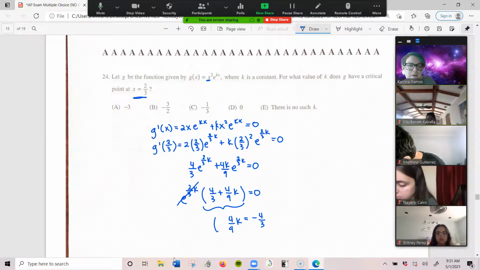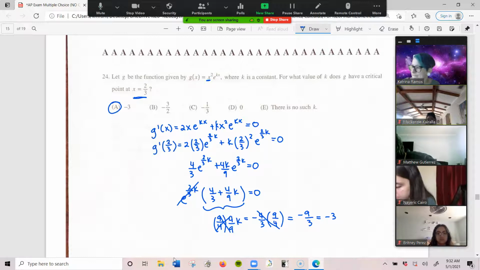And then we multiply by the reciprocal. The 4's will cancel, and we're left with negative 9/3, which is equal to negative 3. So A. Any questions?